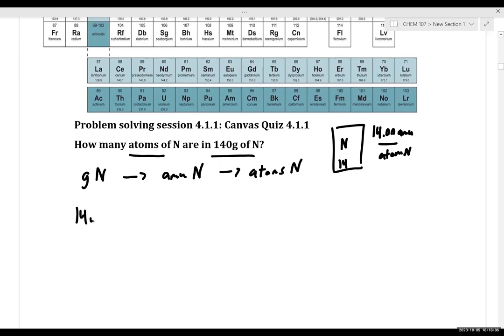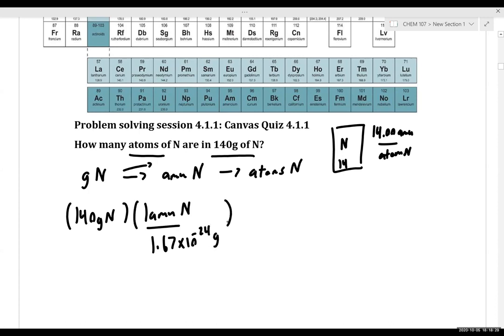So then if we have 140 grams of nitrogen, we're going from grams to AMU. We know that in 1 AMU of nitrogen, we have 1.67 times 10 to the negative 24th grams. We also know to go from AMUs to atoms that in 1 atom of nitrogen, we have 14.00 AMUs.